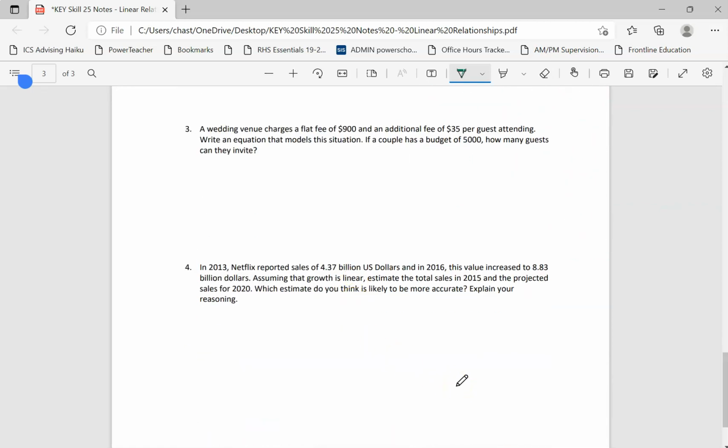The next one, a wedding venue charges a flat fee of $900 and an additional fee of $35 per guest attending. So write an equation that models the situation, and if a couple has a budget of $5,000, how many guests can they invite? All right, so it looks like per guest, that's what's changing. So G is going to be guest, and we'll let C equal cost.